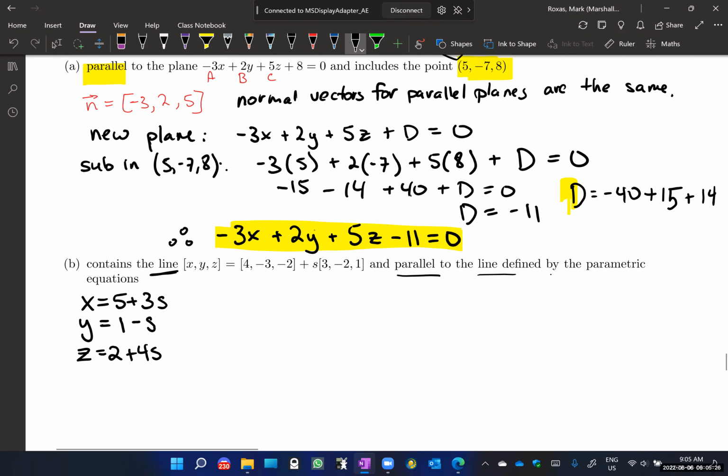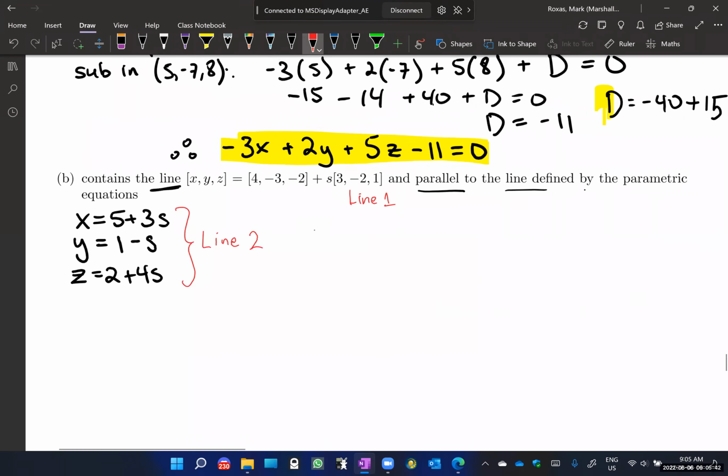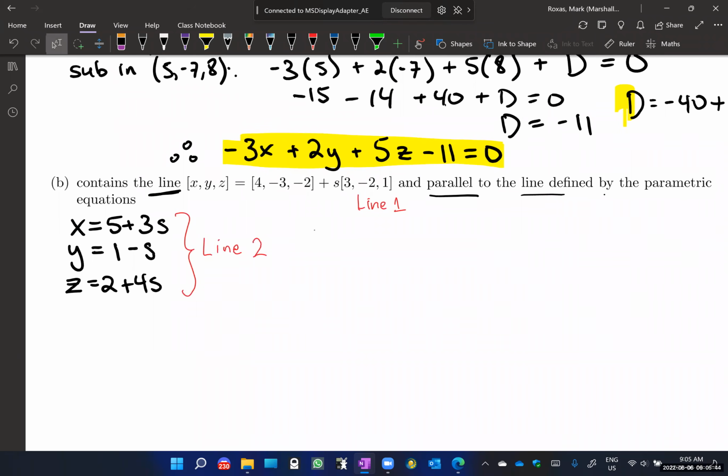Okay. So let's call the vector equation line 1. And these set of parametric equations are line number 2.